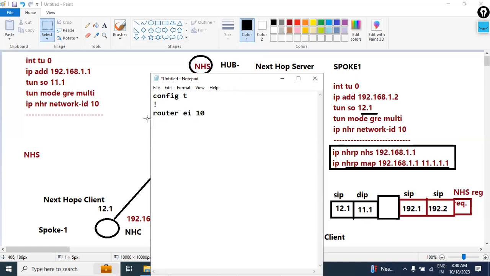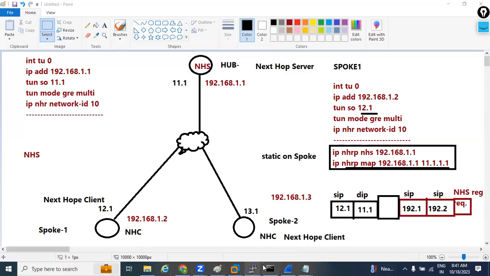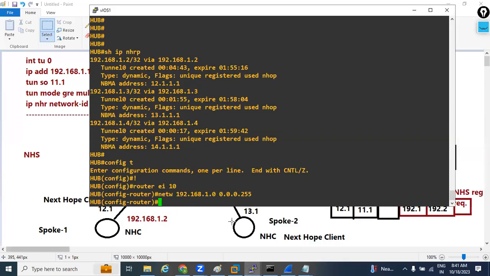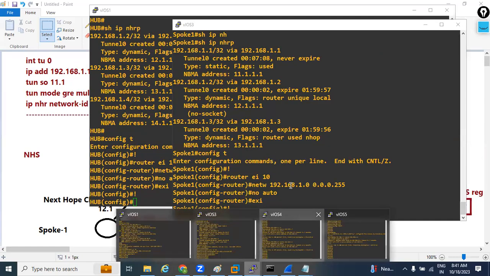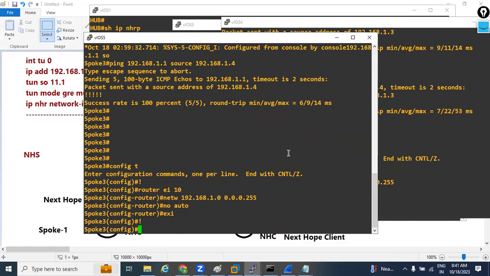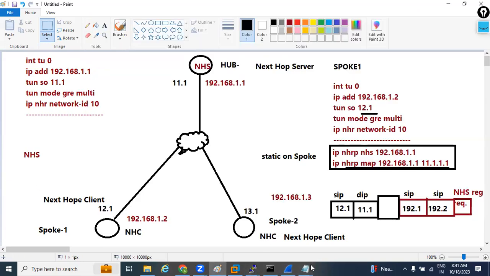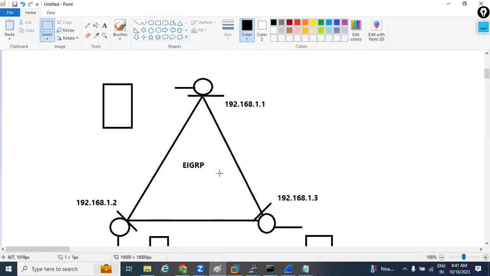Router EIGRP 10, network 192.161. The same command is required in this scenario.